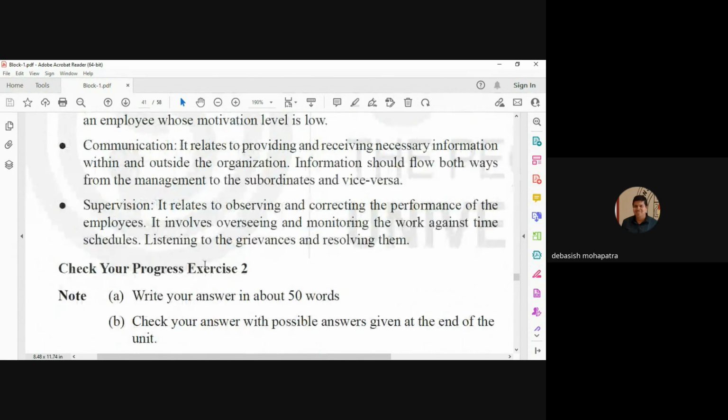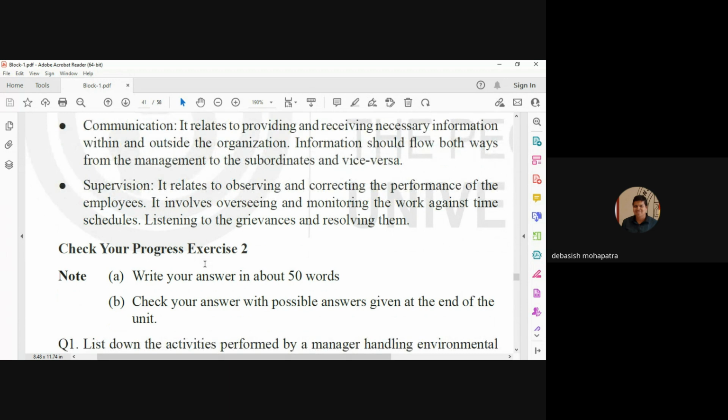Then supervision is related to observing and correcting the performance of the employee. It involves overseeing and monitoring the work against the time schedule, listening to the grievances and resolving them.